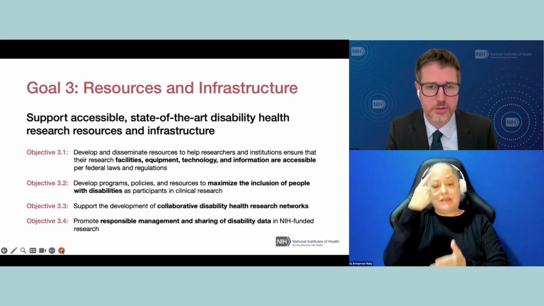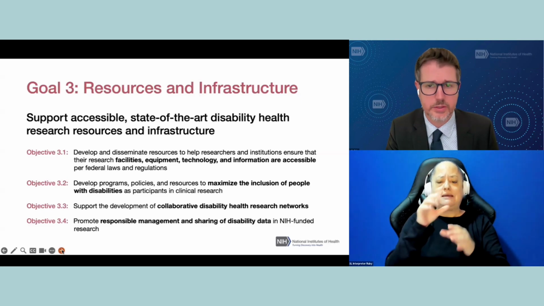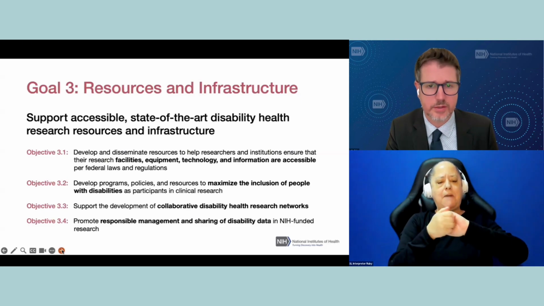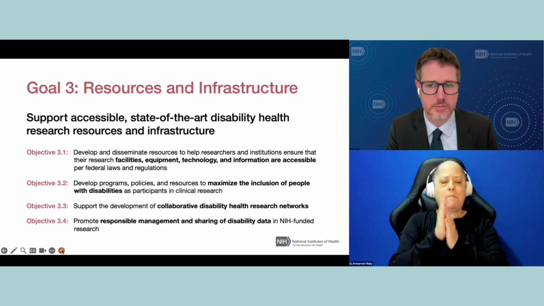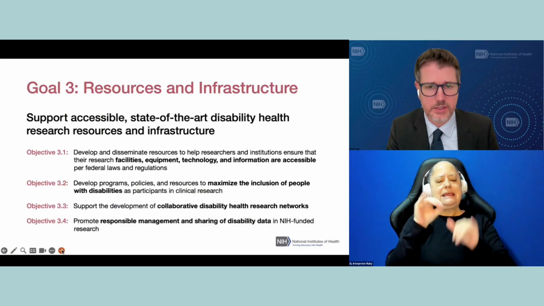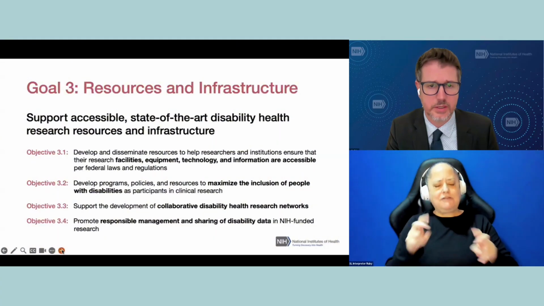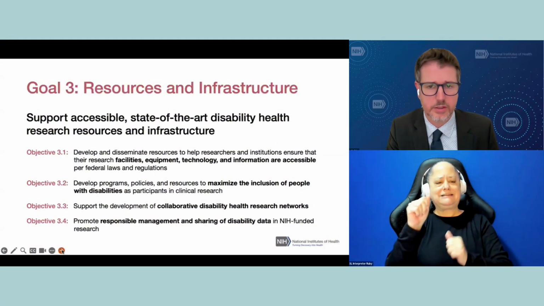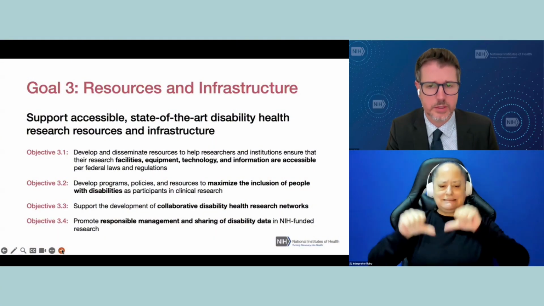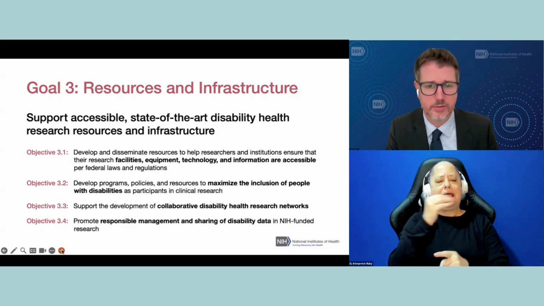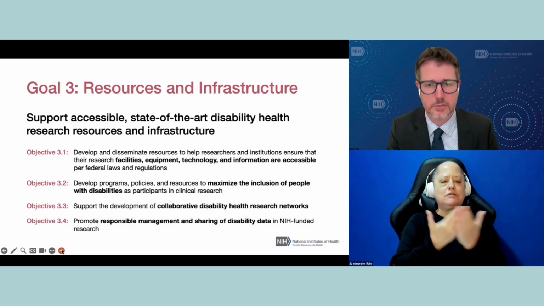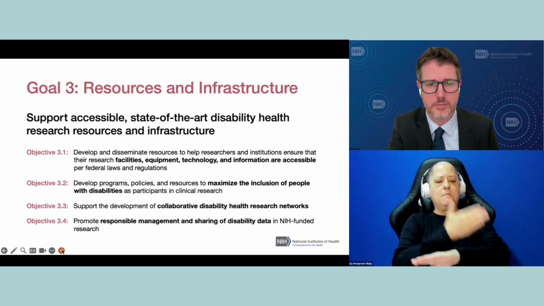Strategic investments in institutional capacity development and collaborative research networks foster a more robust and representative disability health research ecosystem. Enhancing the ethical and standardized collection, analysis, management, and sharing of disability data further strengthens scientific rigor, transparency, reproducibility, and the production of actionable evidence to inform policies and practices that improve the health outcomes for people with disabilities.